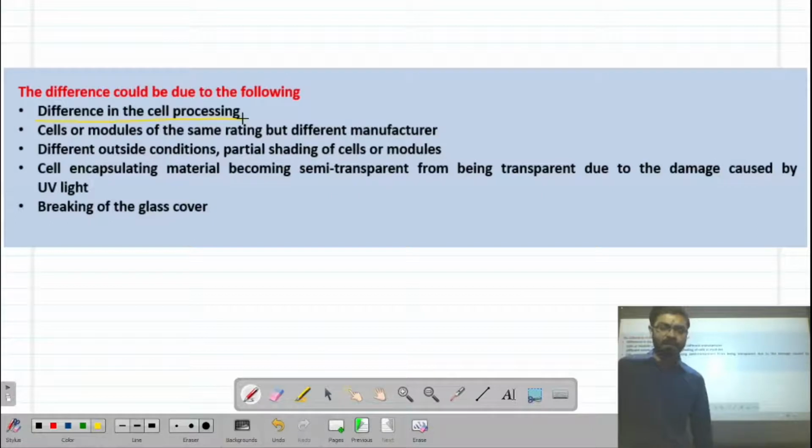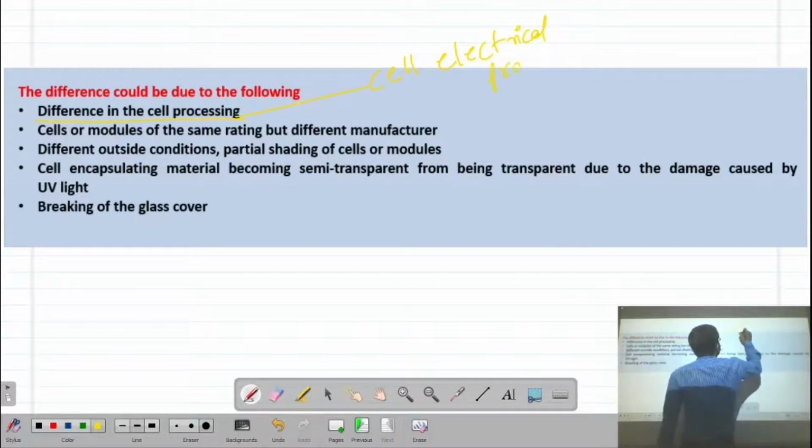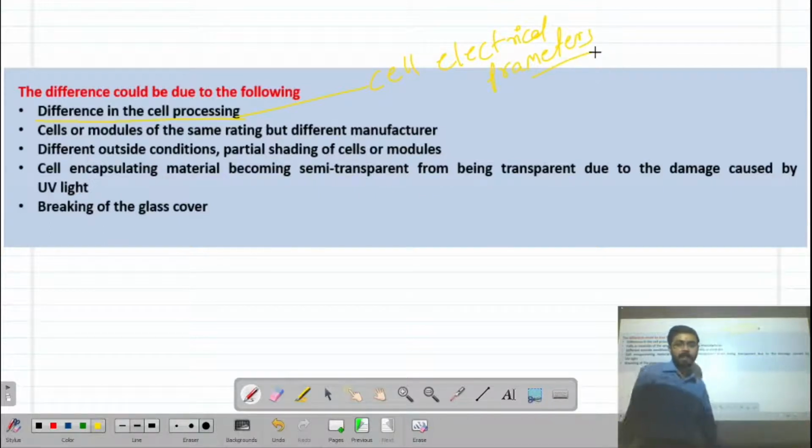Difference in cell processing means if the cell is processed in a condition where the temperature of the system or the surrounding atmosphere may vary or change, then it will have an adverse effect on the cell electrical parameters.